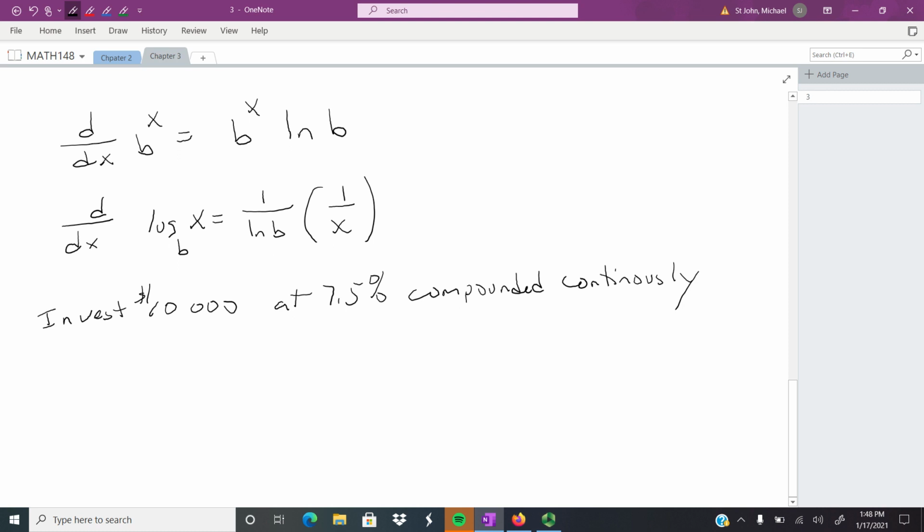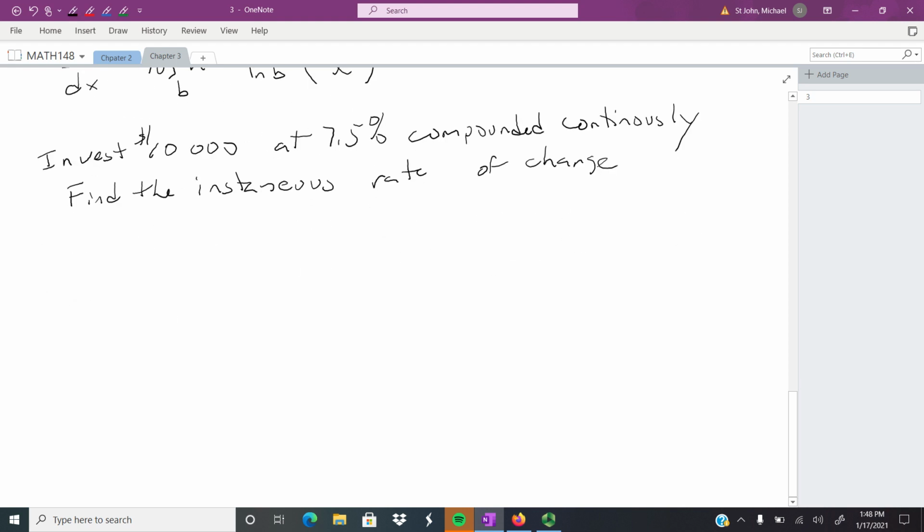And we want to find the instantaneous rate of change, which means we want to find the slope, which means we want to find the derivative. And so A is going to equal 10,000 e to the 0.075t.